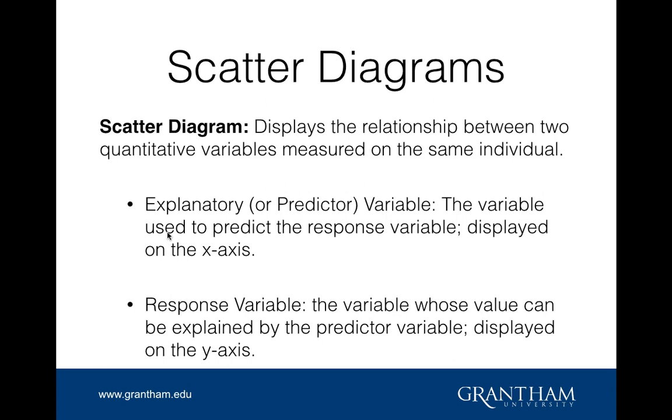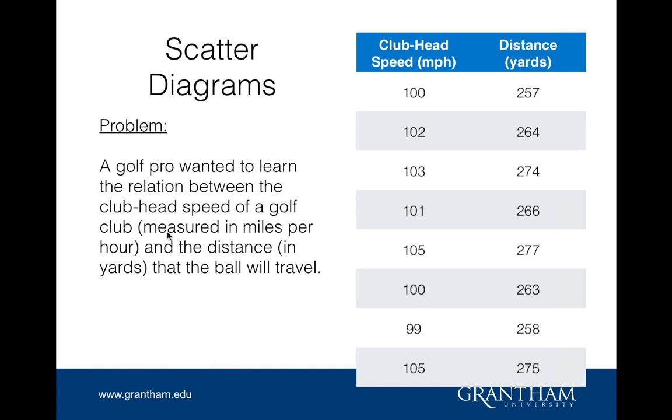Now, let's look at another example. This example is not in your book, but it's very similar to things that you're asked to do in your book. You're asked to draw a scatter diagram for a golf pro who wants to learn the relationship between the club head speed of a golf club and the distance that the ball will travel.